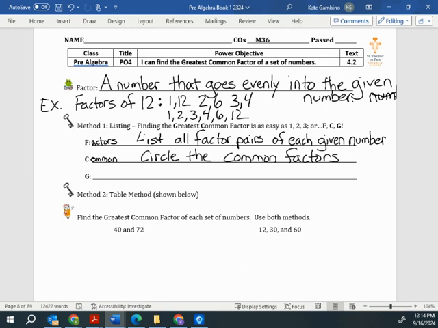And then G stands for greatest. We're going to identify the greatest common factor. So we're circling all the common factors, then we're going to see which one is the biggest out of all the common factors, that greatest number.